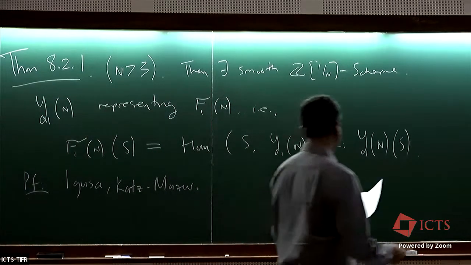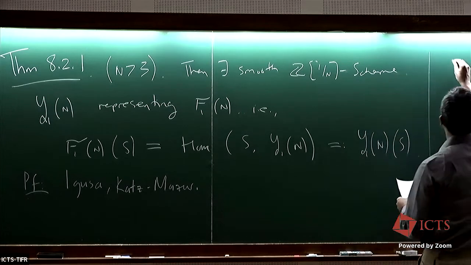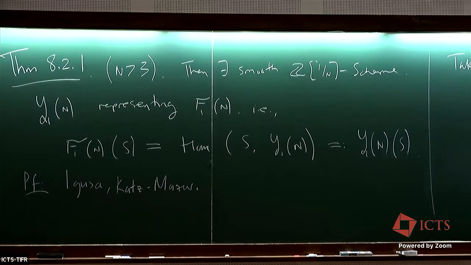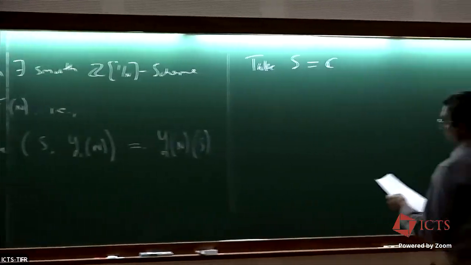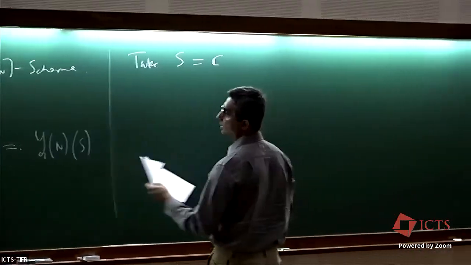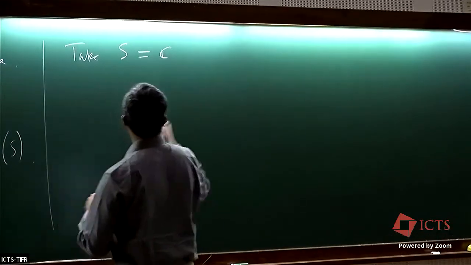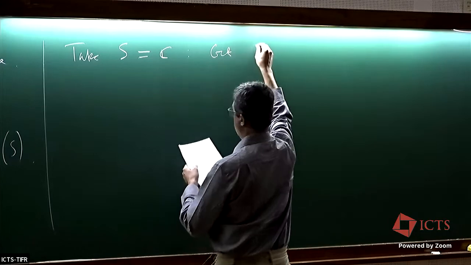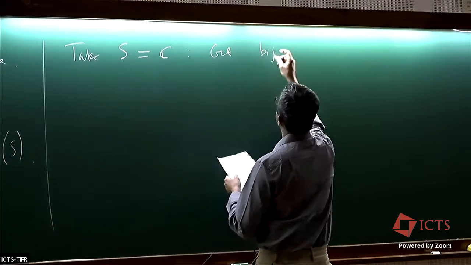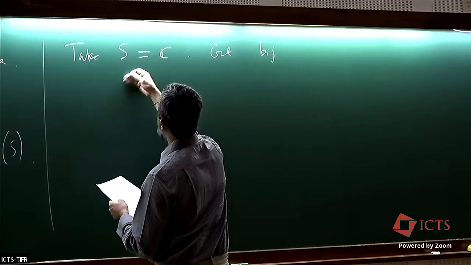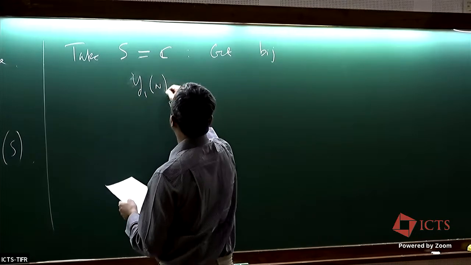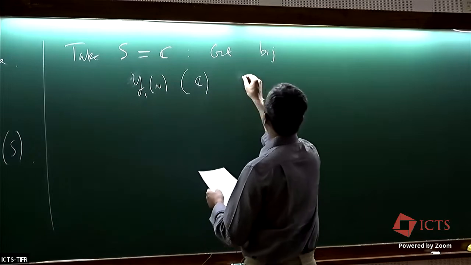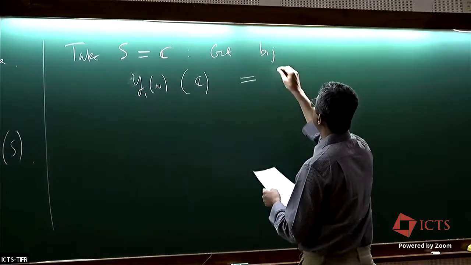Okay, so now let's take S to be C, the complex numbers, and compare with what we had before. This says that you get a bijection between the C-valued points of script Y and our old modular curve Y1n.